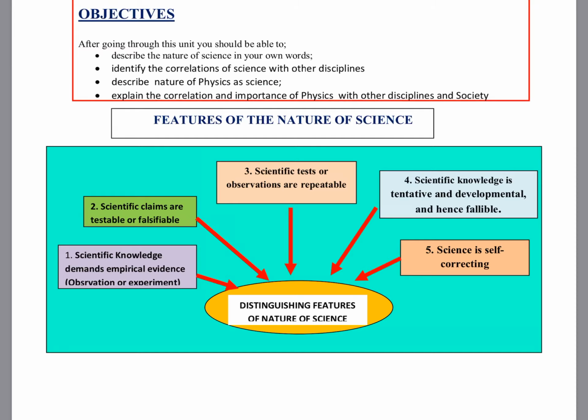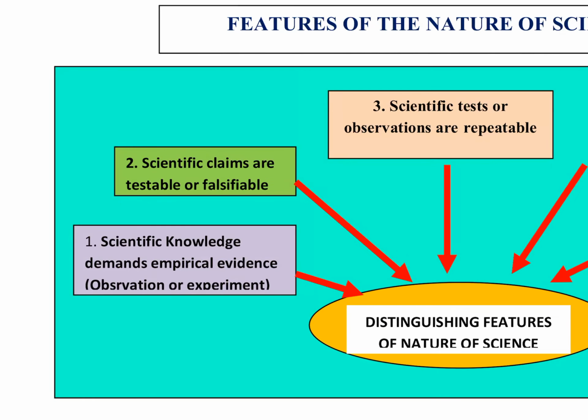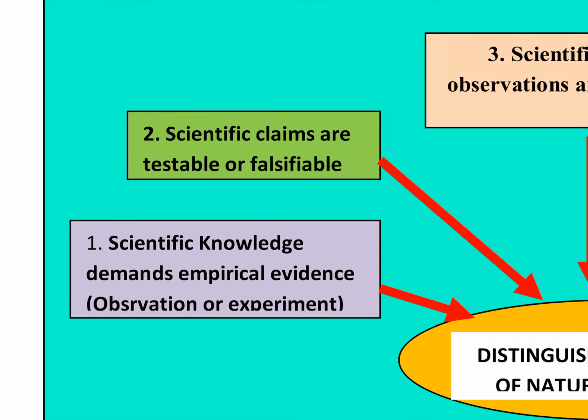And here, number one, we can see the distinguishing feature. Scientific knowledge demands empirical evidence. The knowledge acquired as a result of continuous observation and experimentation will be considered scientific knowledge.